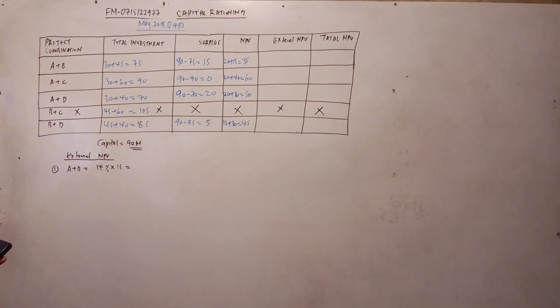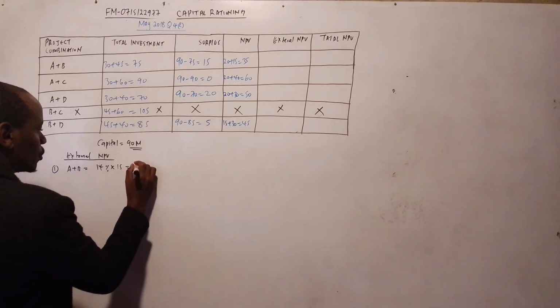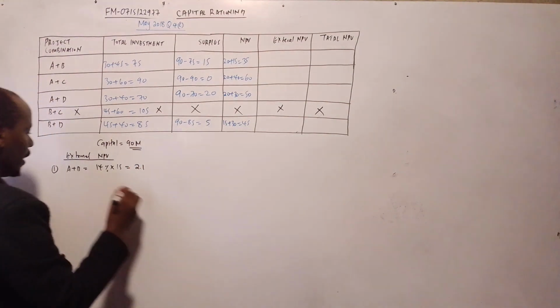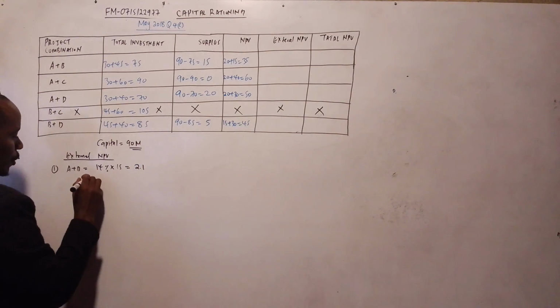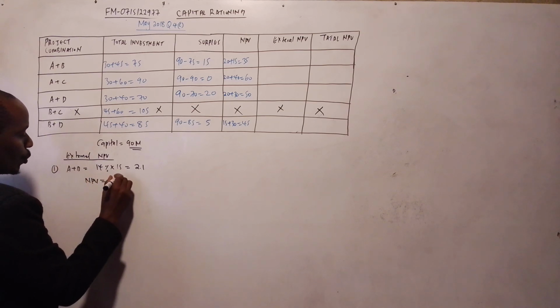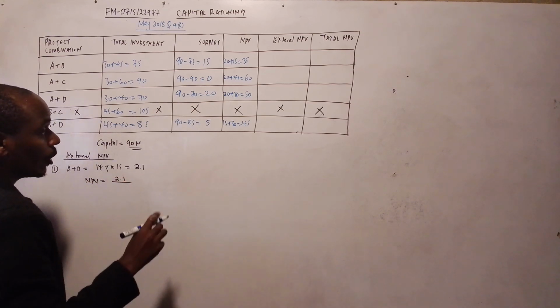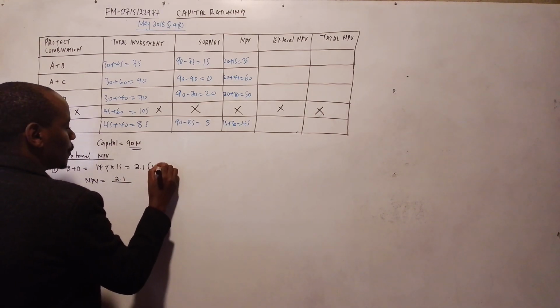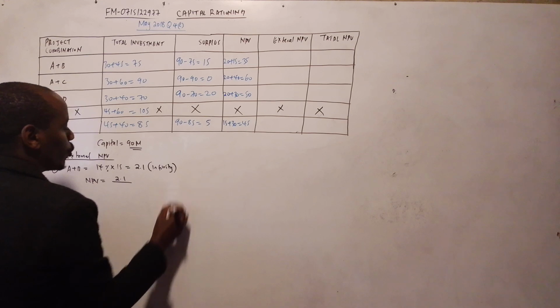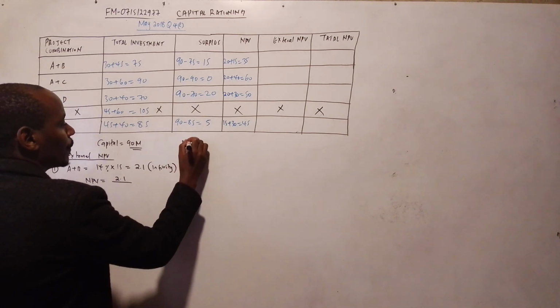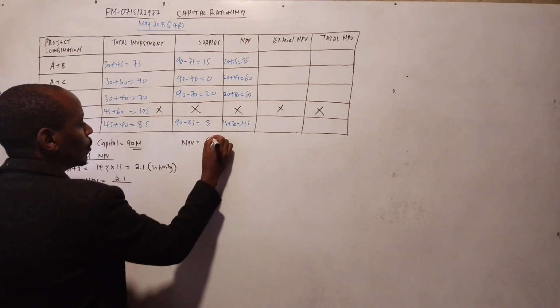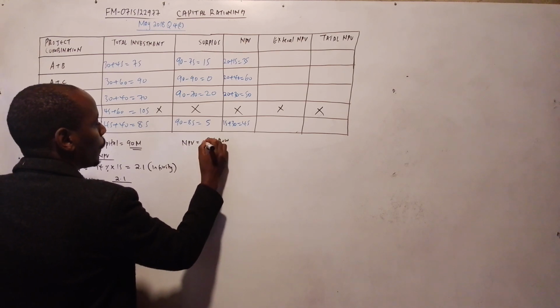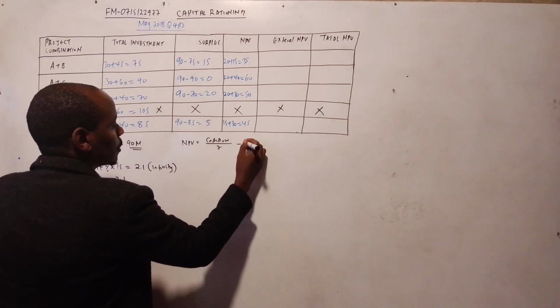So this is the cash flow. Now remember, the NPV in this case will be 2.1 over the cost of capital. Remember it is up to infinity, meaning your NPV will be the cash flow over R, minus the initial investment.